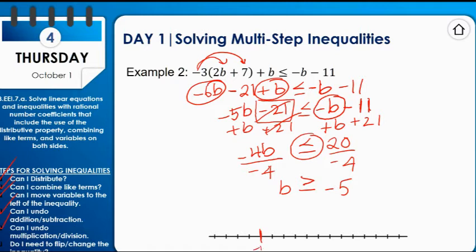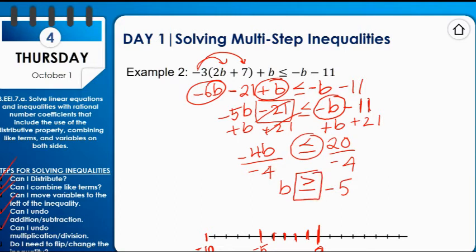So on my number line, at -5, -4, -3, -2, -1, 0, and so on. So where are my values for b that are greater than or equal to -5?